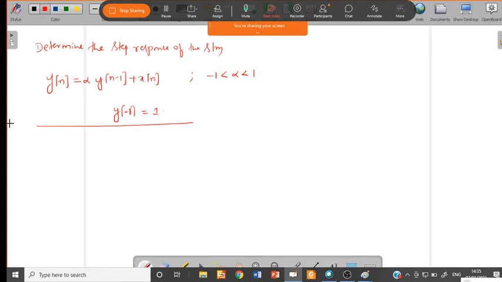Okay, so for that you take the difference equation and take the unilateral Z transform with the step response, in the sense whatever input we are giving, we have to use the unit step function. Okay, so use the unit step function for x of n and then try to find out the answer. So this is given by x of n.